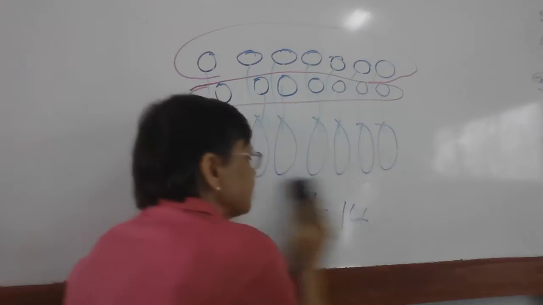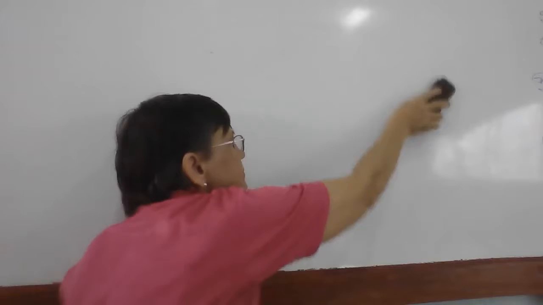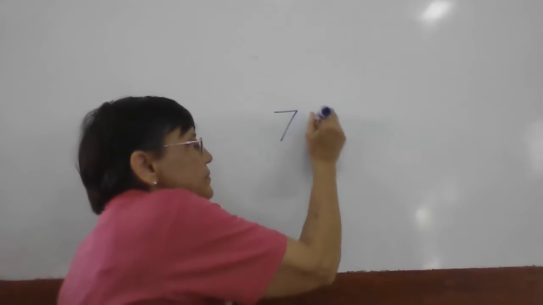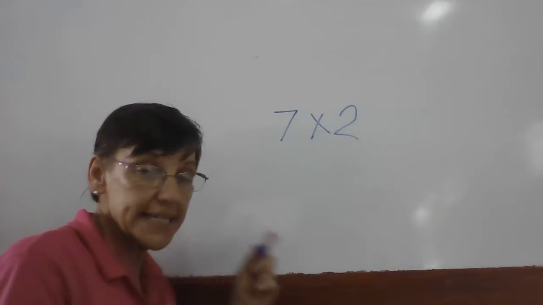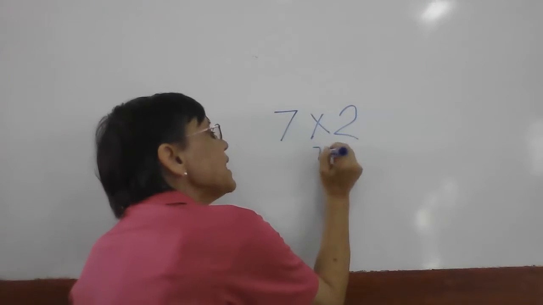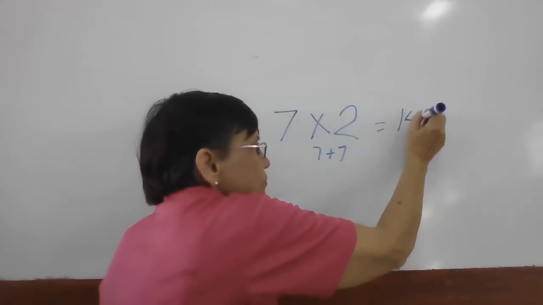Now let me erase this. Okay. We have 7. How many times? 2 times, right? 7 and 7, right? 7 plus 7, 2 sevens equals 14.